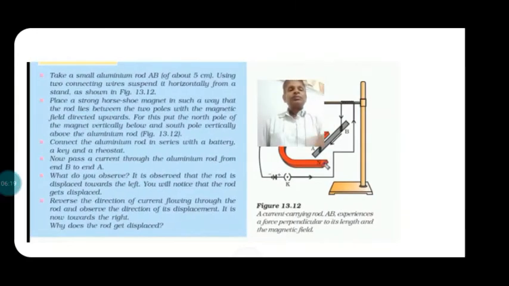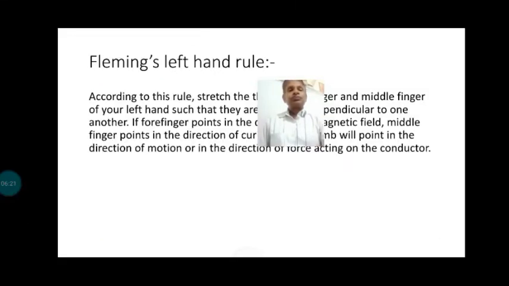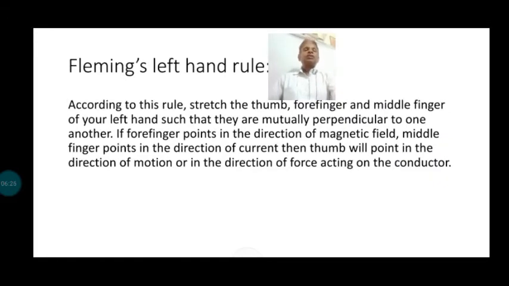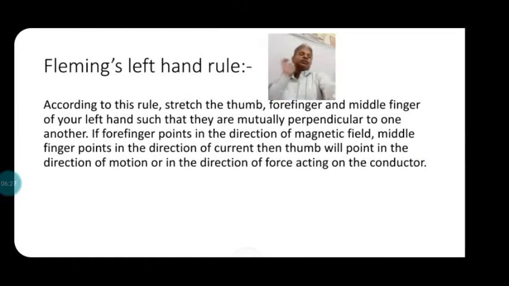Fleming's left hand rule gives how the direction of the magnetic field, the direction of current in the conductor, and the direction of force exerted on the conductor are related.